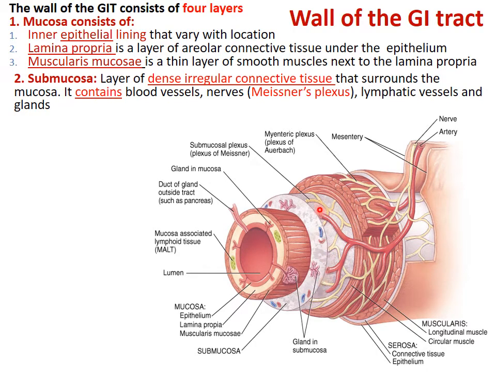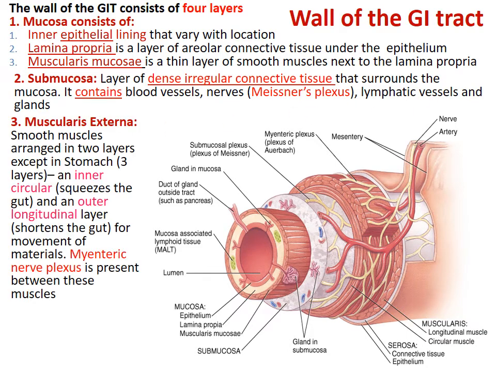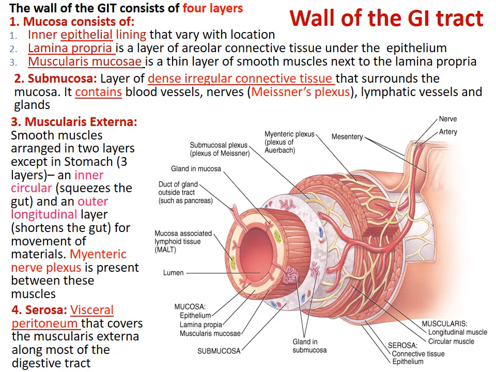Since it is present inside the submucosal layer, this plexus is called the submucosal plexus or plexus of Meissner. Meissner is the scientist's name, but according to location, we can say submucosal plexus, right? Because there is another plexus. Then what else is in the submucosal layer? Lymphatic vessels, glands.